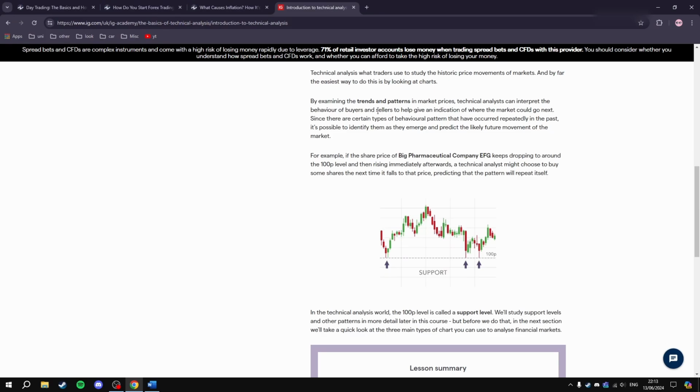Technical analysis is what traders use to study the historic price movements of markets, and by far the easiest way to do this is by looking at charts.